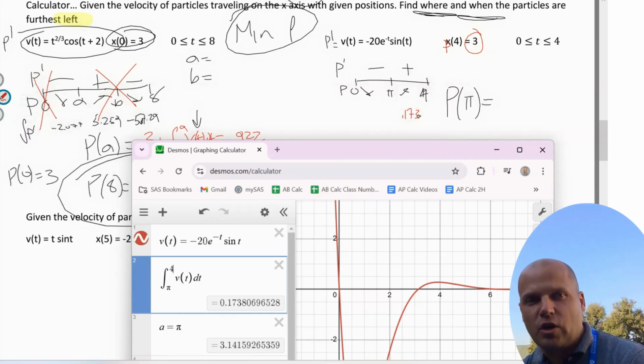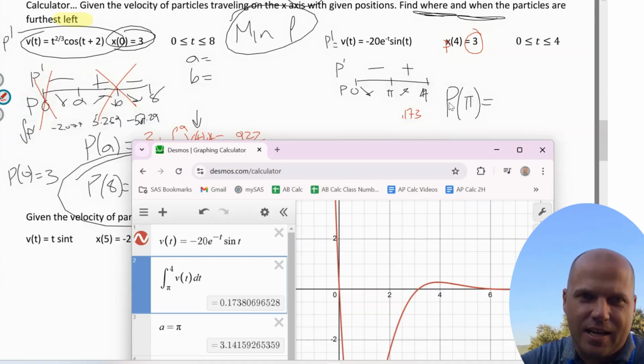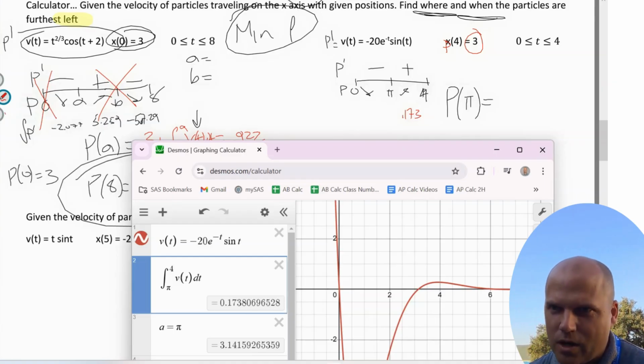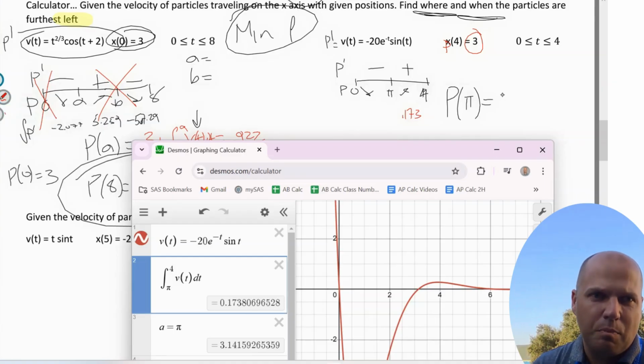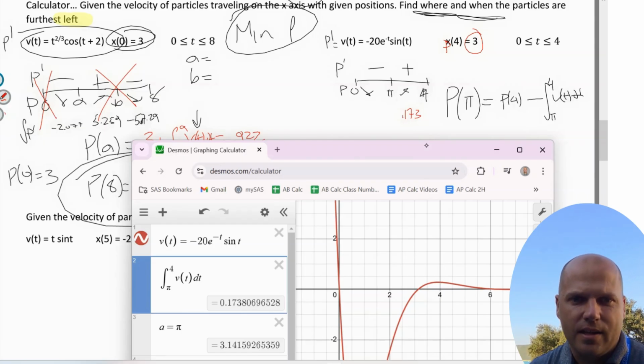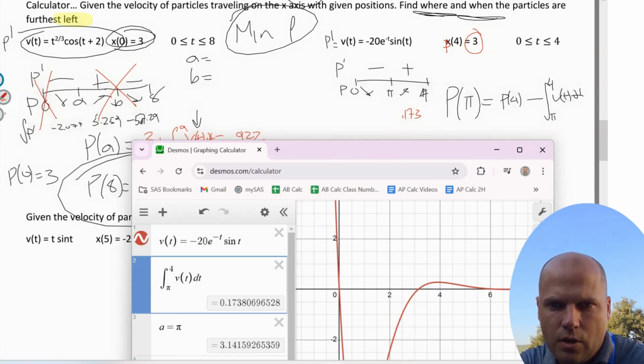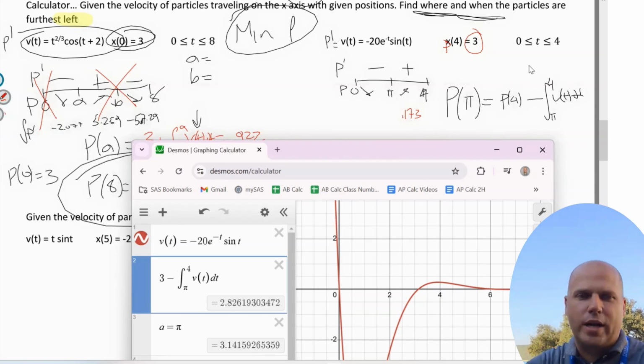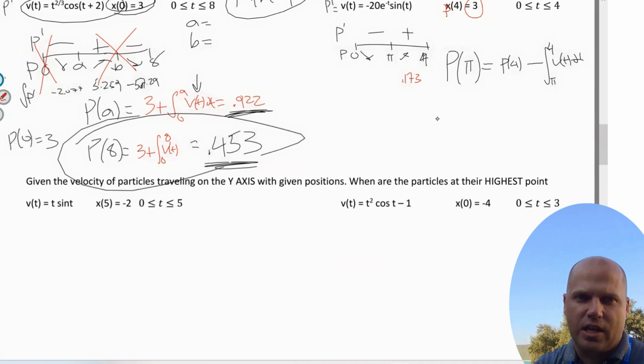What do I have to do? Subtract that. Now you gotta show it with the correct work. I would say P of 4, or I would say 3 minus the integral from pi to 4 of v of t dt. And that is 2.82. Everything should make sense.